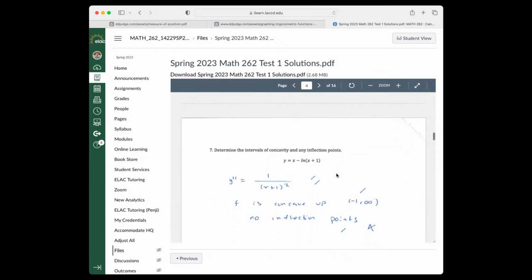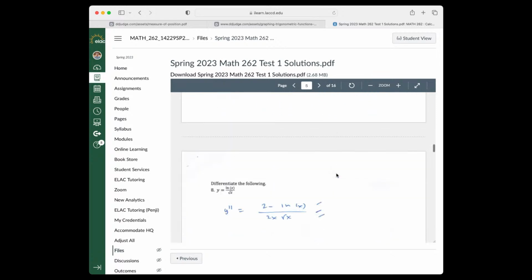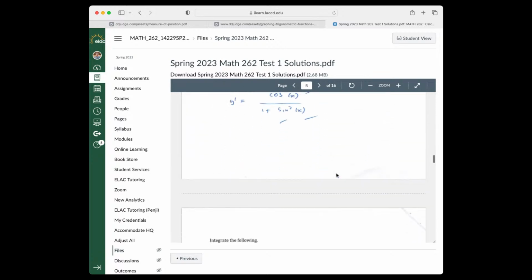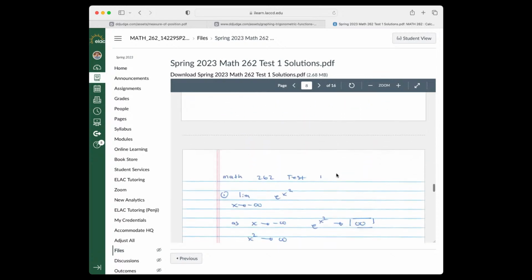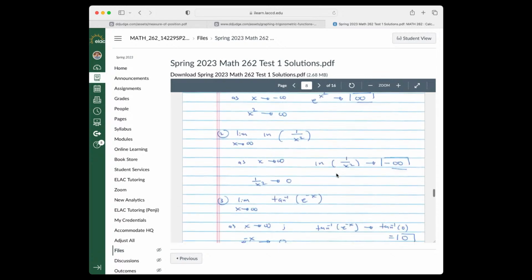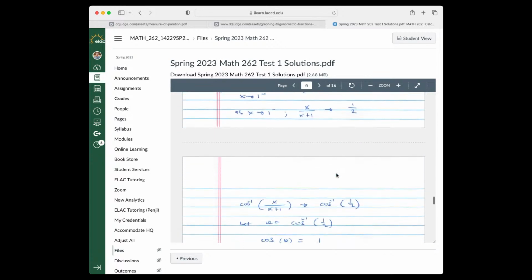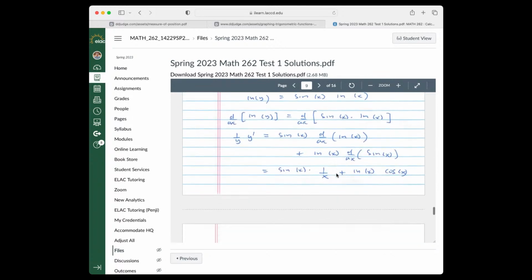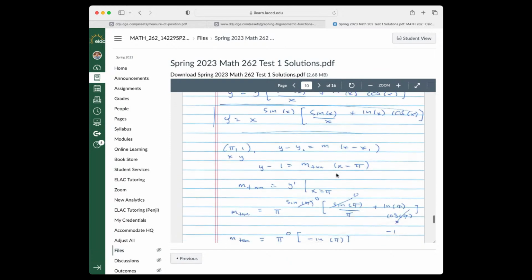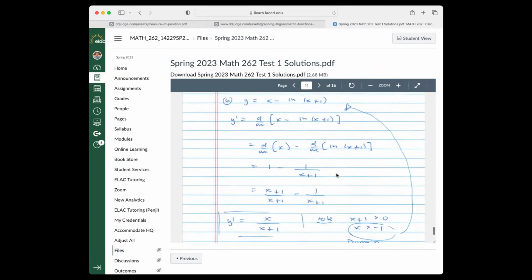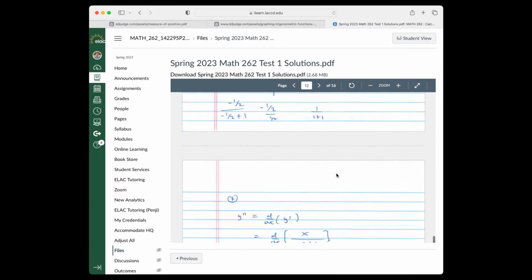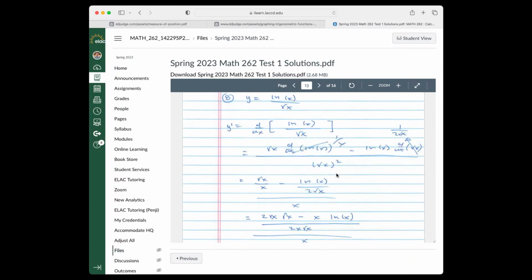So I have a summary of solutions there, and at the very end I have all the work associated with that summary and the check marks. So I have the work there in detail, and I've posted the solutions online for you guys to review.